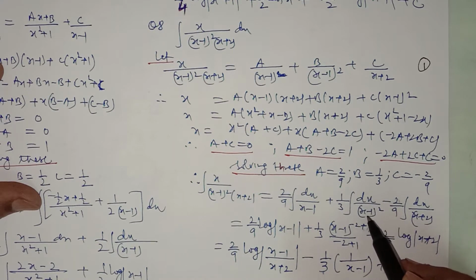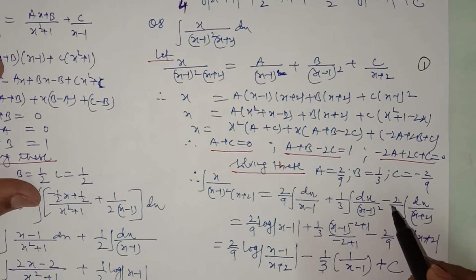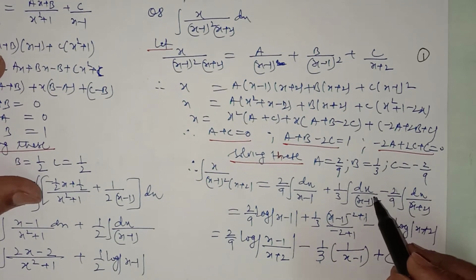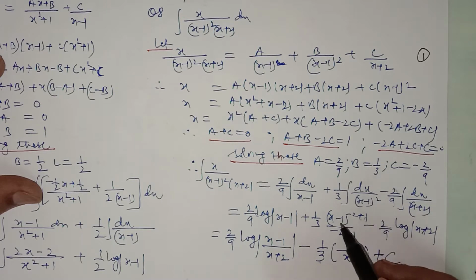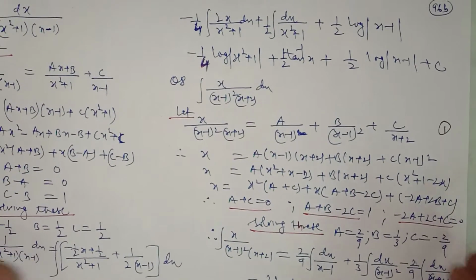Take first of all this (x minus 1) to the numerator. It will become (x minus 1) to the power minus 2, and use the formula of the integral of x raised to power n, which is x raised to power n plus 1 upon n plus 1. So this is the integration of this partial fraction, which is of the second type.